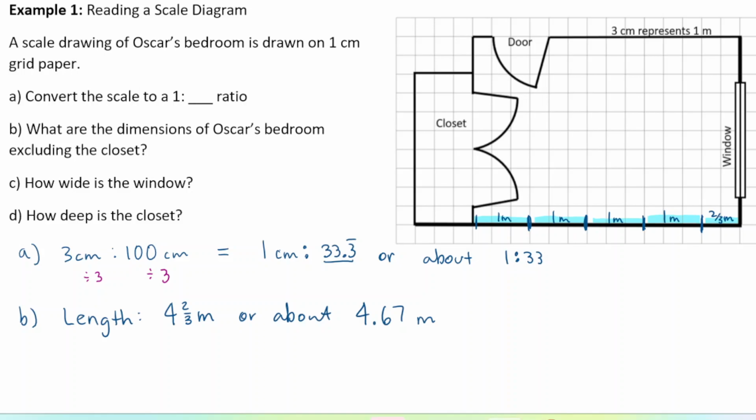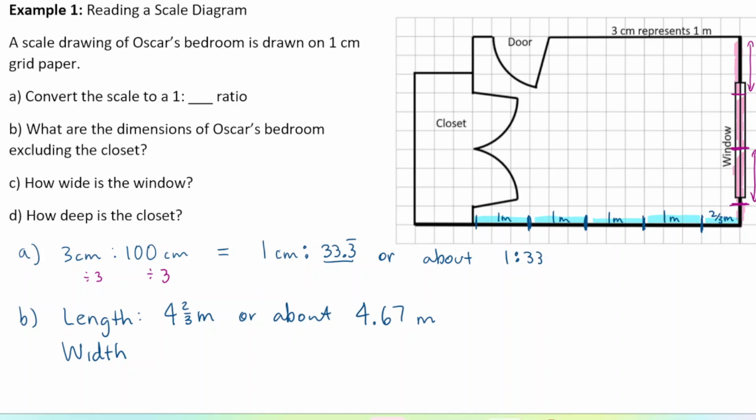Now the width, let's do the same thing. You use a different color this time. So every time we have 3, it's 1 meter. So this is 1 meter. And then we have another meter, and then 1/3 of a meter at the end. So we're going to break it into groups of 3. There we go.